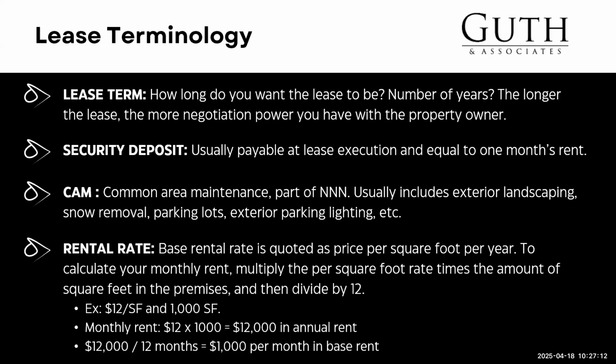If it's a multi-tenant building that has a fire suppression system, it may be the monitoring of that fire suppression system, those kinds of things. So it's things that serve the entire complex. We see these a lot in strip centers, multi-tenant buildings, where you see a lot of these common area maintenance charges.